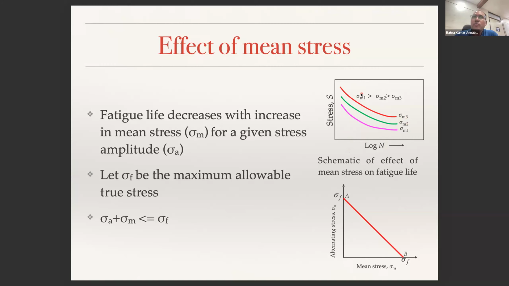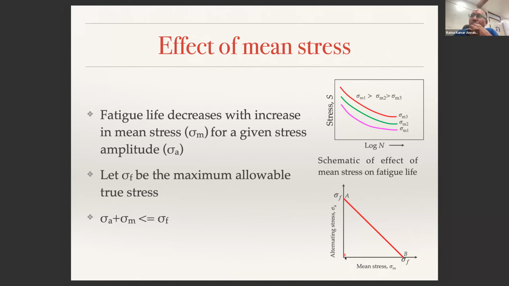Now, let us try to understand this. Suppose I plot the mean stress on the x-axis and the alternating stress, sigma A, the stress amplitude, on the y-axis. When the stress amplitude is 0, what is the meaning of that?